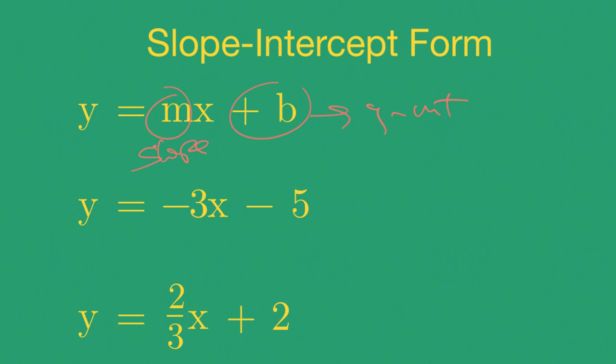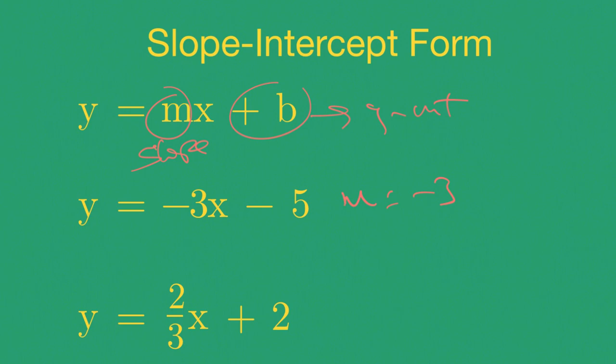So if you look at the equation below that, y equals negative 3x minus 5. Do you agree that's in slope-intercept form? What is the slope? What's the number in front of the x? Negative 3. That's all you need.